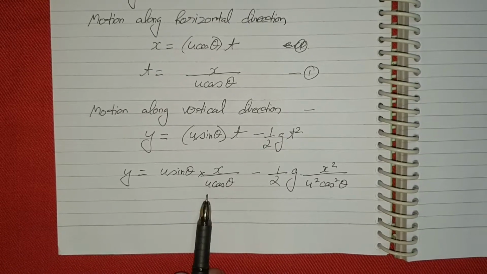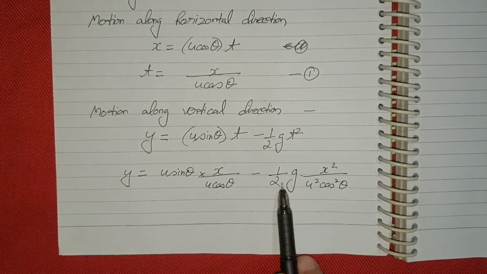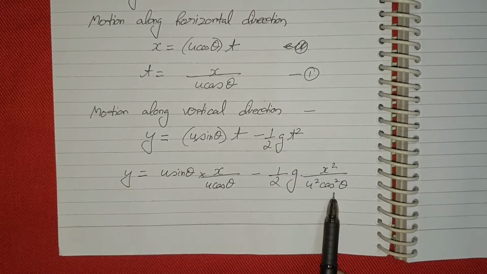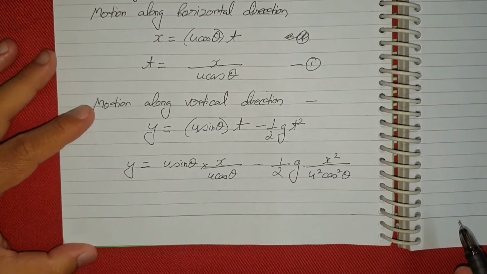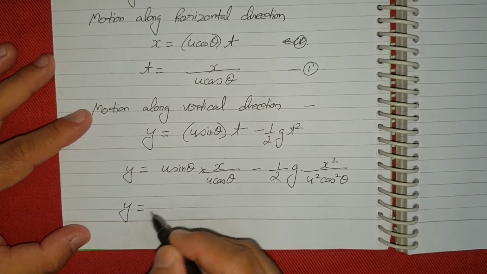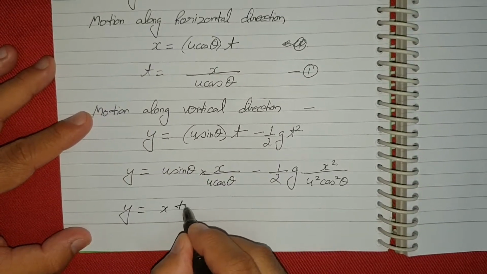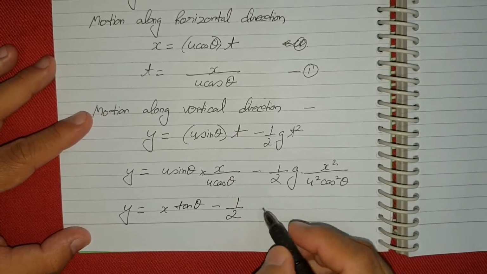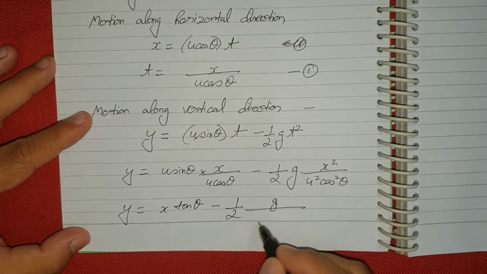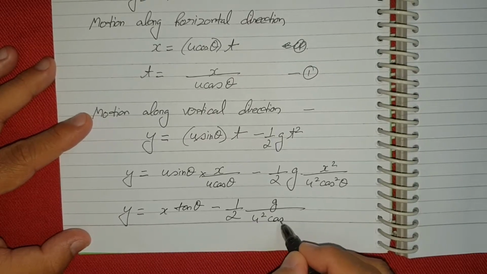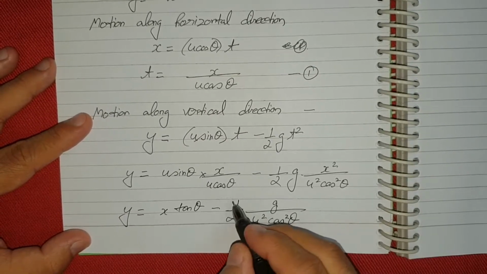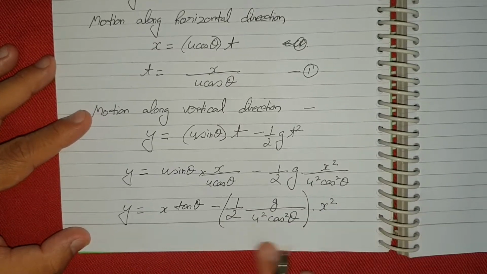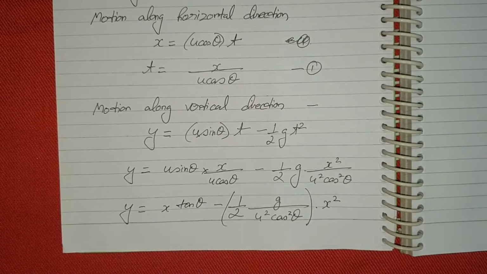So this will be x tan theta, and this will be 1 by 2 g u square cos square theta into x square. So rearranging it, y will be equals to x tan theta minus 1 by 2 g upon u square cos square theta in bracket, x square. So this is the equation of trajectory.